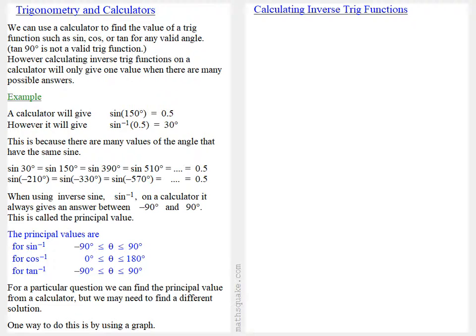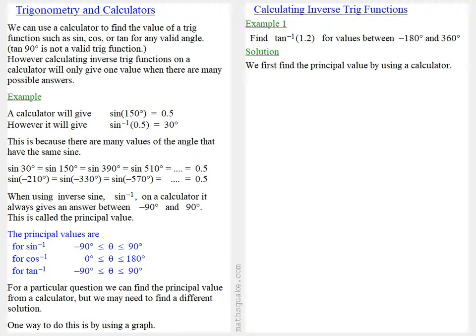Calculating inverse trig functions. Let's have a look at an example. Find the value of the inverse tangent of 1.2 for values between minus 180 degrees and 360 degrees. Well, to solve this, we first find the principal value using a calculator.